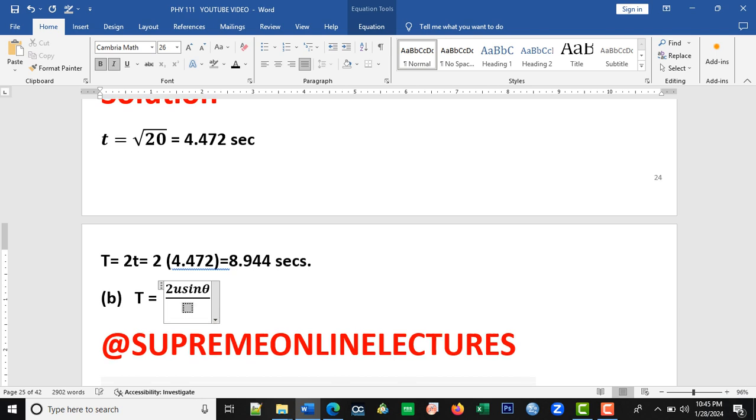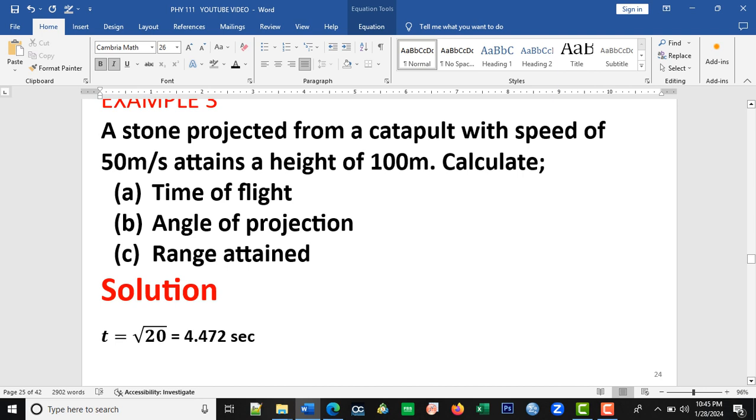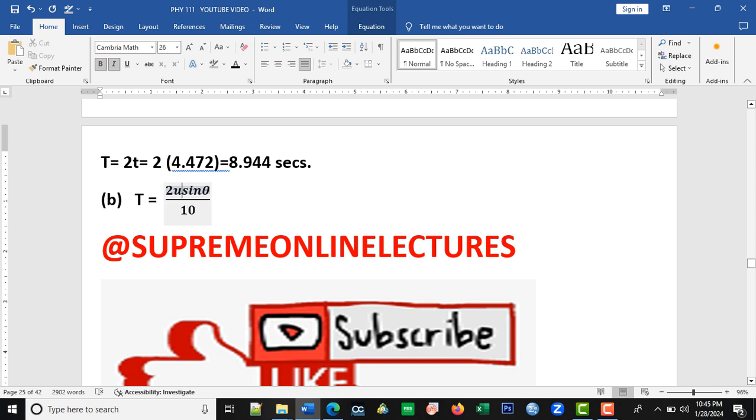If I come here and take G to be 10, and then U, what am I going to put in place of initial velocity U? 50, this is 50 meters per second.